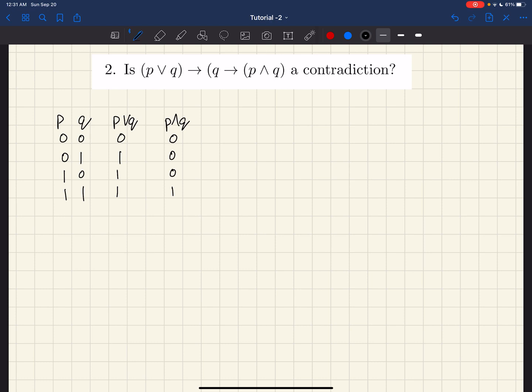So Q implies P and Q. Now this would be 1, 0, 1, and 1.